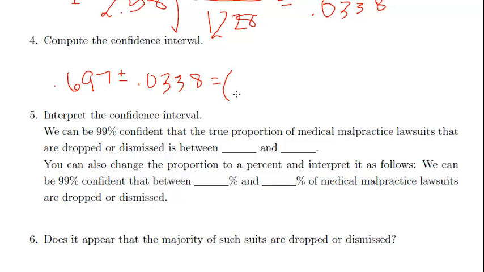And so that gives a lower bound of 0.663 and an upper bound of 0.731. I add and subtract this number here to 0.697.